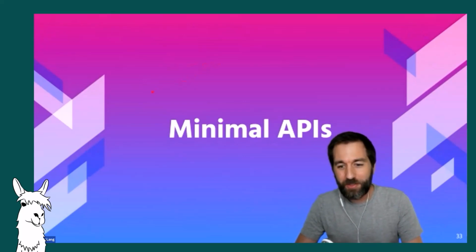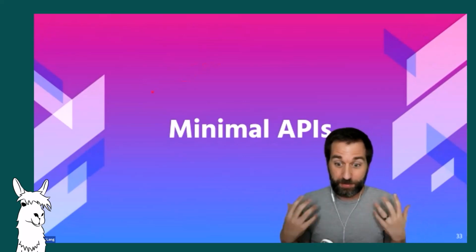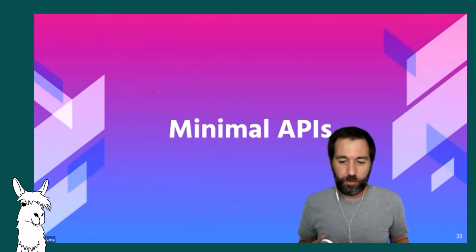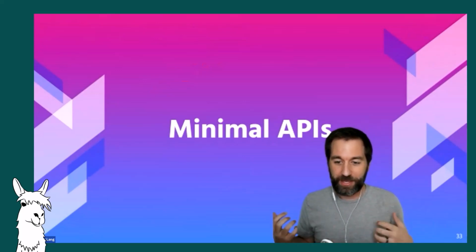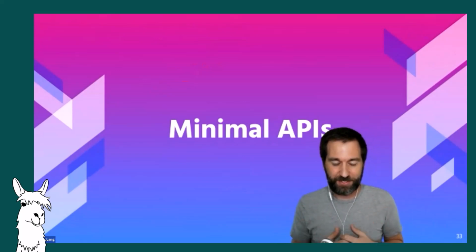So all of these features come together. A lot of the C# 10 features in particular are driven by David Fowler and ASP.NET Core's desire to have this new lightweight way of defining ASP.NET Core APIs.